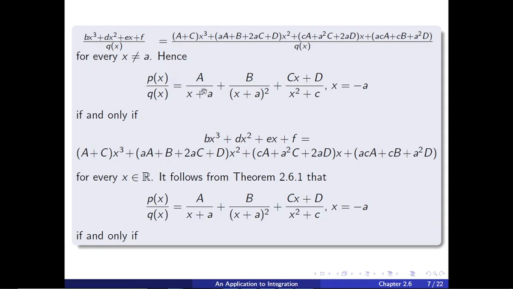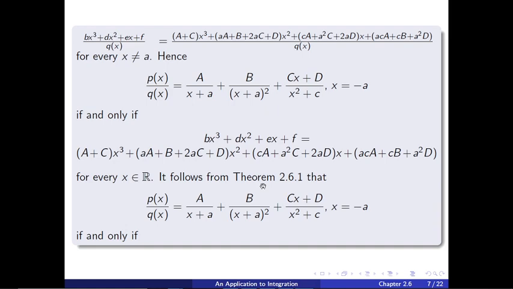Hence, this is equal to that if and only if the top part is equal, because the bottom part is the same. So the polynomial on this side has to be equal to the polynomial on that side, right? And so that's what we have written here. And what does that mean?